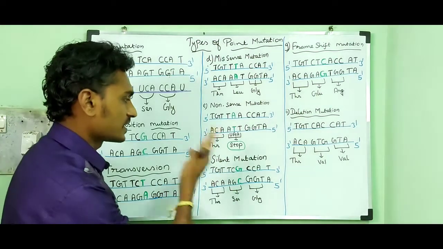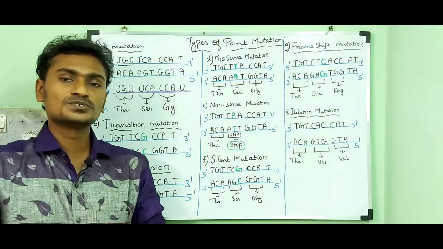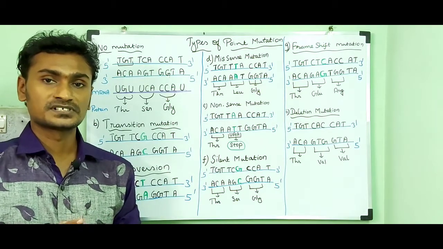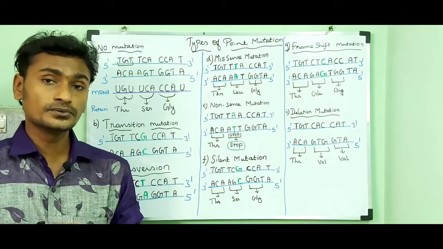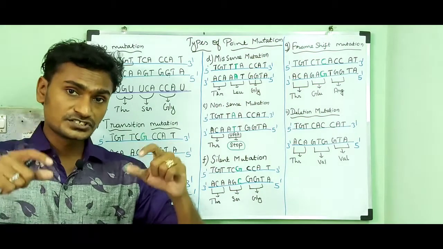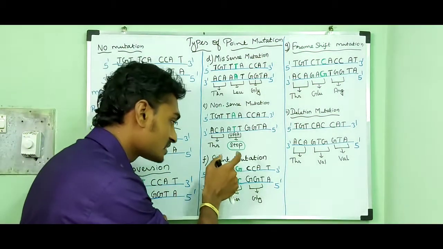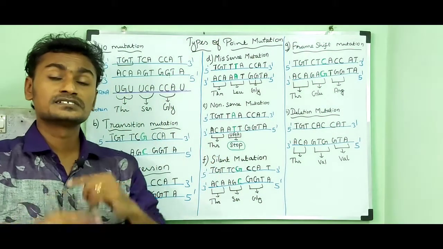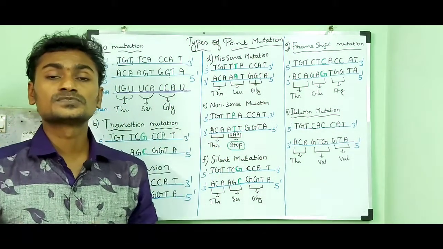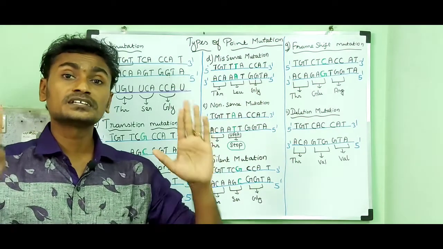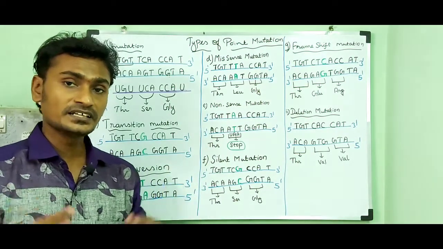Then the silent mutation. So this mutation is not expressed. I already told you, mutation happens in the genotype and it is expressed in the phenotype. So here mutation takes place in the genotype, but it is not expressed in the phenotype. That type of mutation is called silent mutation.